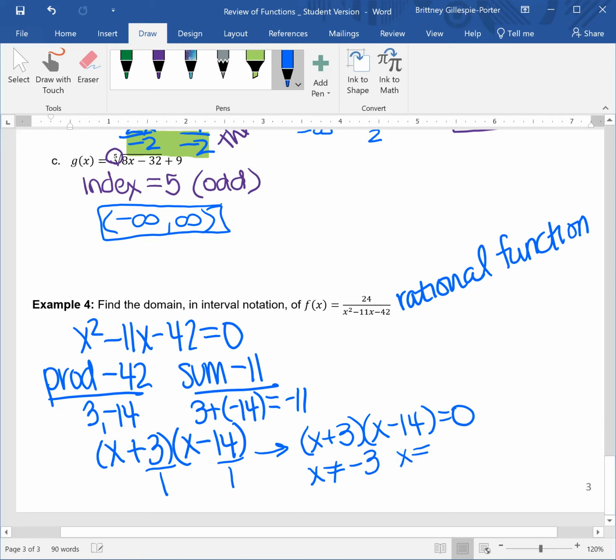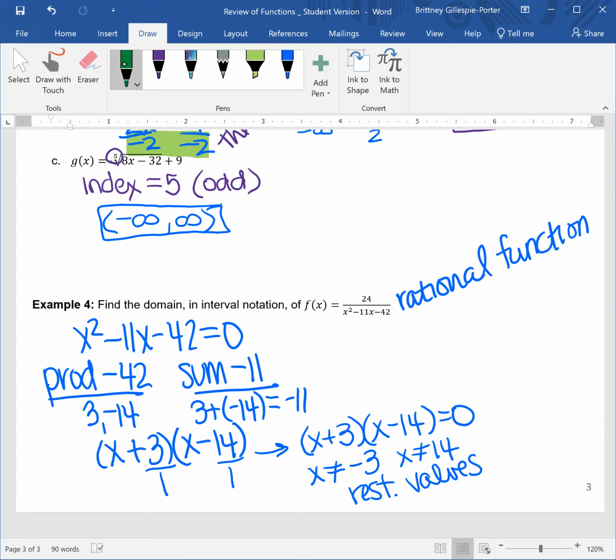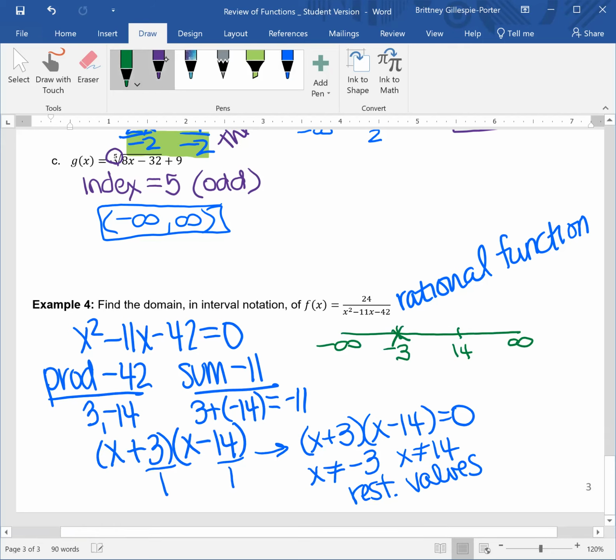These are our restricted values, if you may remember. And if we're looking at interval notation, negative infinity on the left, positive infinity on the right, we need our negative 3 near negative infinity. We need our 14 near positive infinity. And remember that we cannot include either one of these.